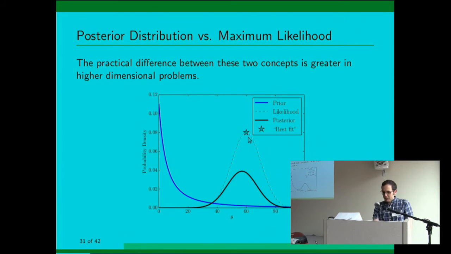And this likelihood function, if you go to the peak of it and say that's my value of theta that I'm going to estimate, that's the best fit, the maximum likelihood, but it's not necessarily the most plausible value of the parameters, because the most plausible value would be one where the posterior probability is high. This posterior distribution is the product of the prior times the likelihood, renormalized to make it a probability distribution.